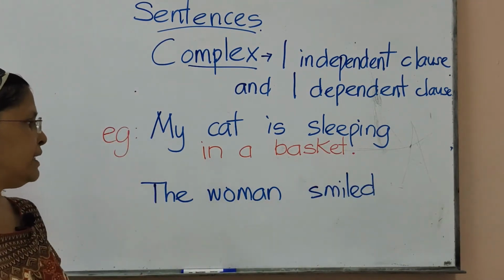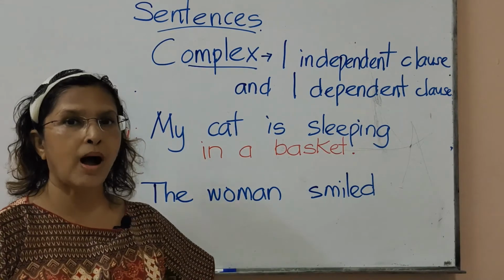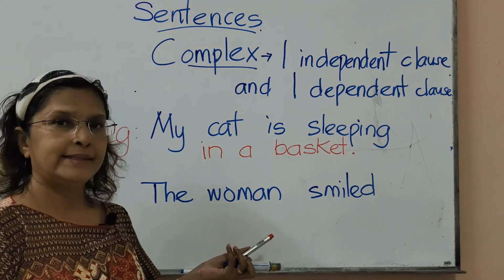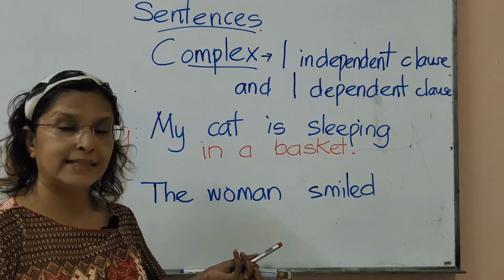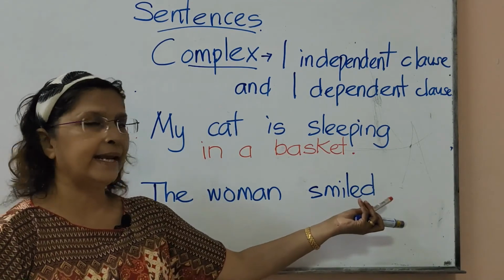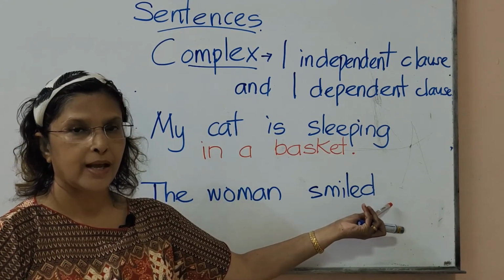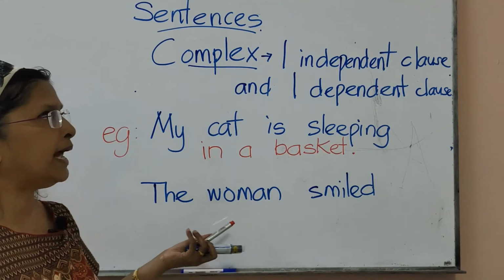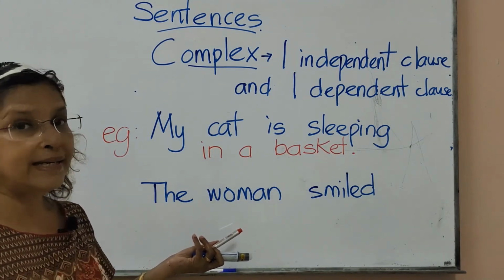The second one is the woman smiled. That is a complete sentence. It can be a complete sentence and I can add a full stop here. Okay, but I'm going to add a dependent clause.